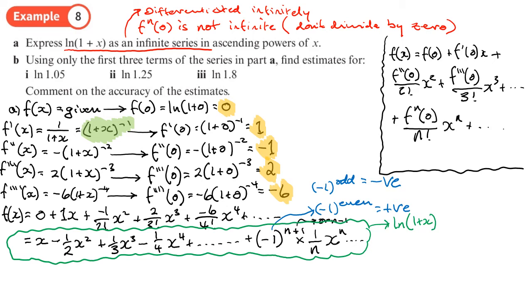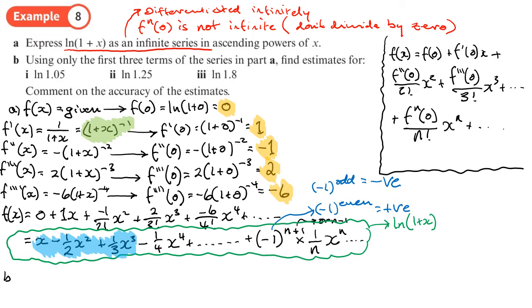Okay, part B. Using the first 3 terms of the series in part A, find estimates for log of 1.05 and so on. So first 3 terms. So we're only interested in 1, 2, 3. We're not going to go any further, so we're only going to use those to help us.